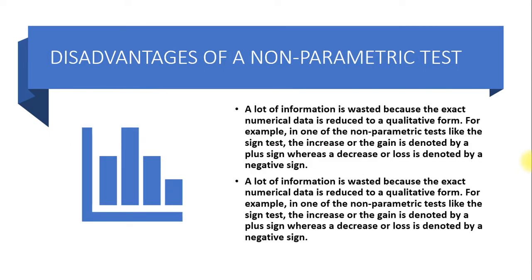Disadvantage is that because of using a category based data set or variable, you are not going for in-depth analysis. This means that your data set has many details, but as you are focusing upon the categories only, many pieces of information seem to be wasted, and that is one disadvantage of non-parametric tests.